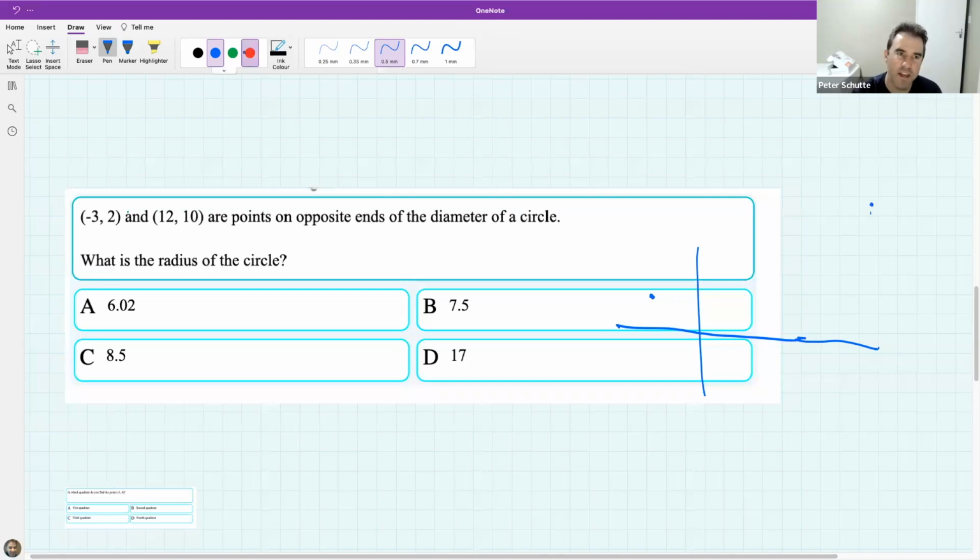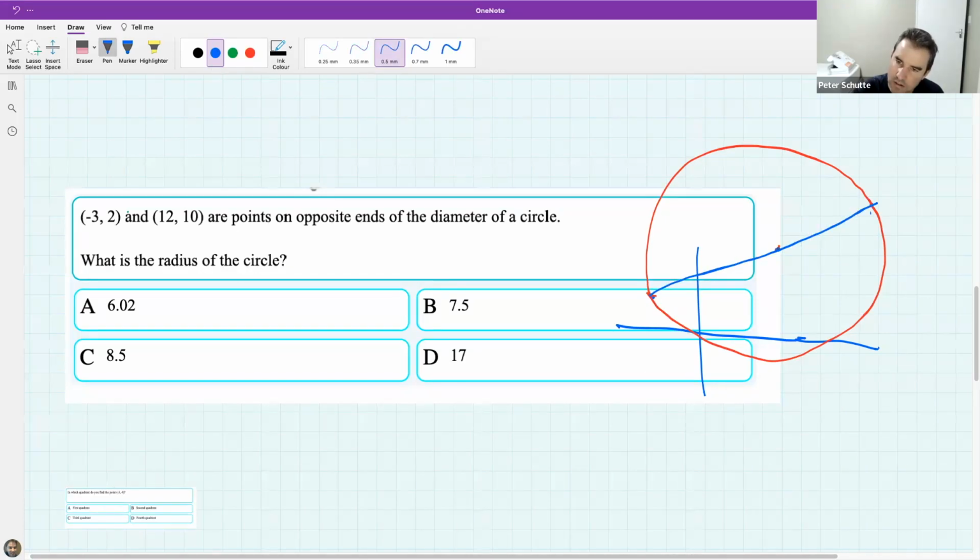And what they're saying is that there is a circle. Well, it's not too bad. And they want to know what the radius is, which is going to be either the yellow length or the green length.